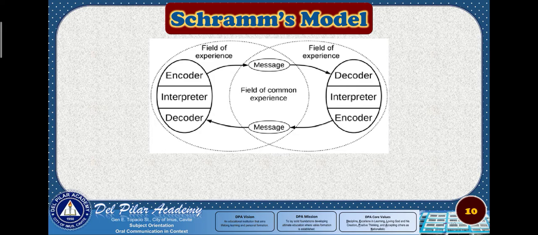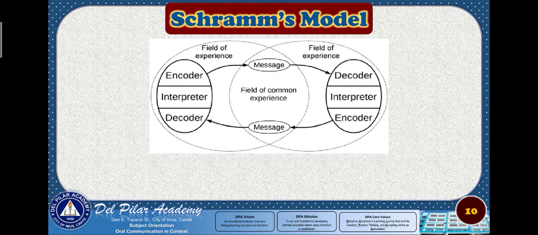This model also indicates that the speaker and listener communicate better if they have fields of experience which overlap. But what is field of experience? It is everything that makes a person unique, everything he or she has ever learned, watched, seen, heard, read, and studied.